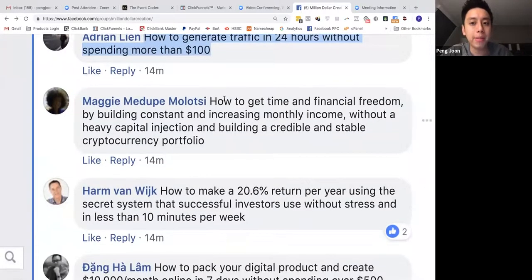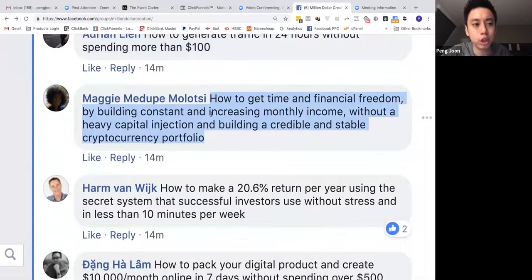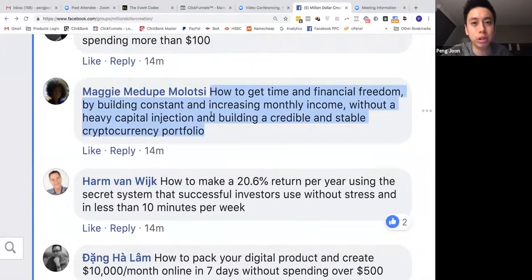How to get more time and financial freedom by building constant and increasing monthly income without a heavy capital injection, and building a credible and stable cryptocurrency portfolio. Okay, this is just the structure of the sentence. I feel that it was a little hard to read. There are too many things.